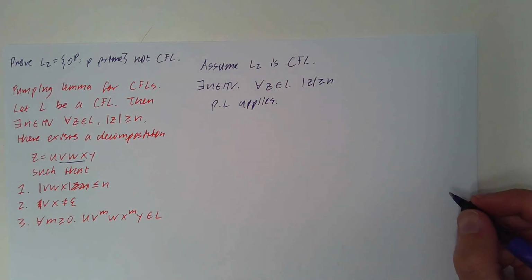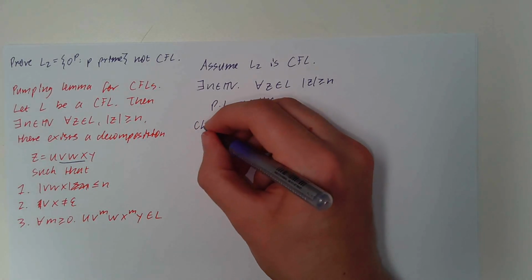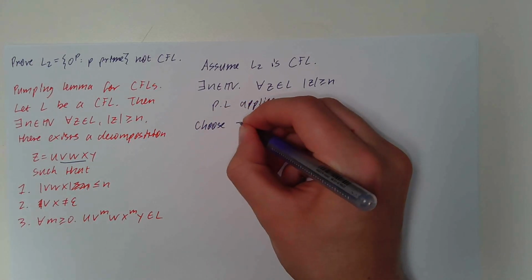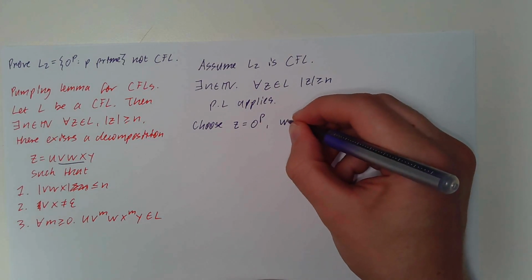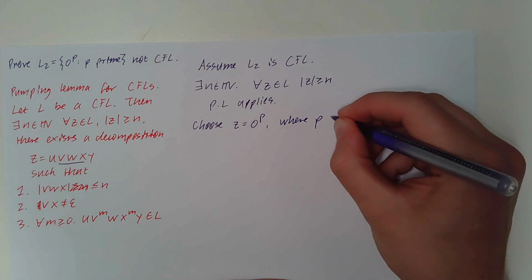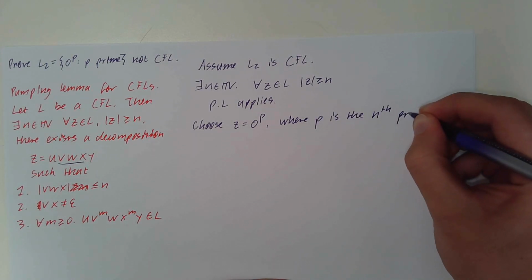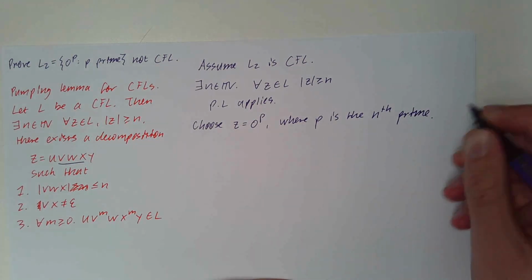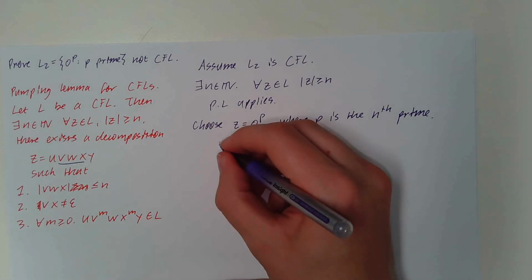Okay, what we have to do now is choose some string in the language, at least as long as n, so we can start to decompose it. So I'm going to choose the string z is 0 to the p, where p is the nth prime number. And there's infinitely many prime numbers, so I can always choose a p that's the nth prime.